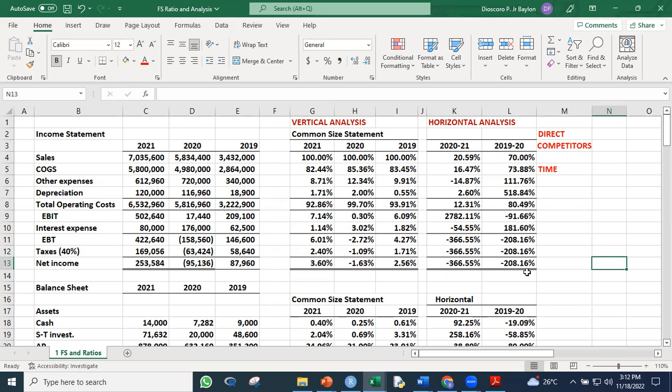And then we can see here the progression, the year-on-year growth rate, this is your YOY. Year-on-year. Okay, we can see here that between 2020 and 2021, sales grew by 20.59%, no? From 5,834 to 7,035.